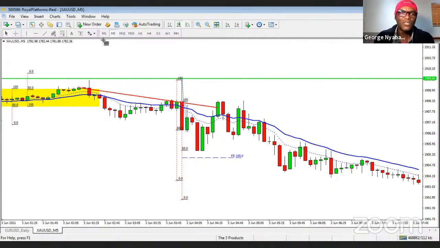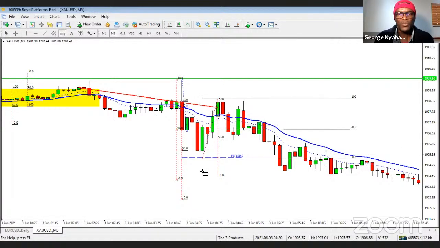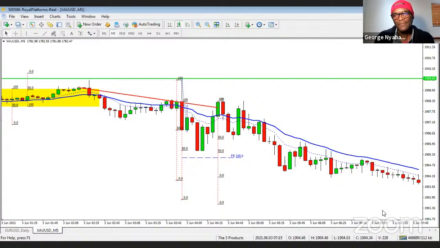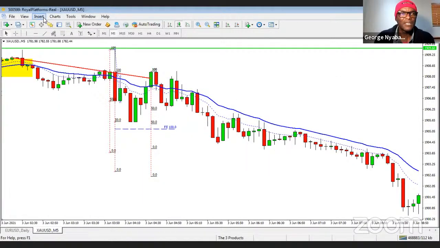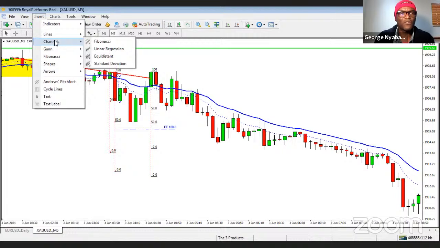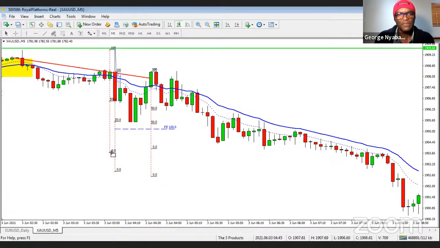Again, you decide where to take your profits. There, most conservative, there to there, there's a measured move. There to here. You see how we're getting, let's call it a cluster, a cluster of measured moves in this kind of zone.